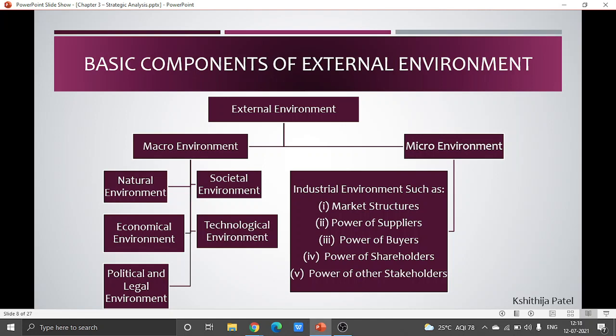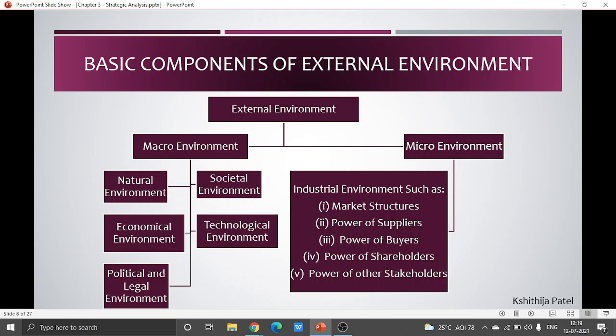So technological development, through this process of creative destruction, has created new avenues, and also destroyed the existing avenues. So a well-established organization may fade away over time due to technological development.